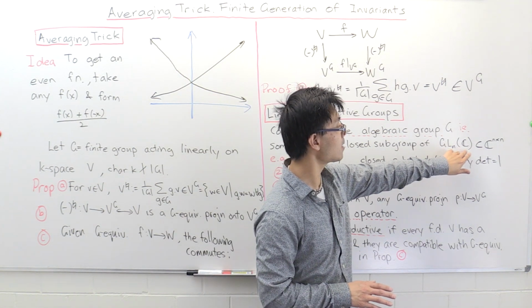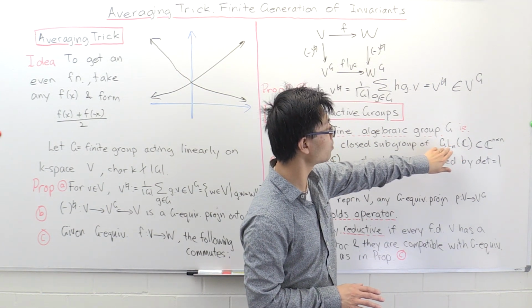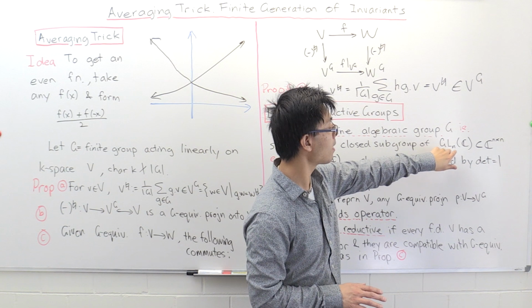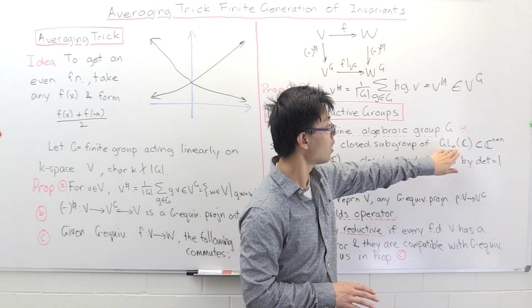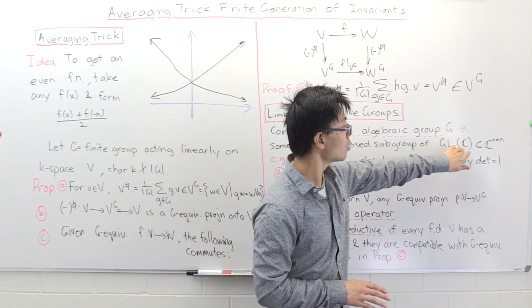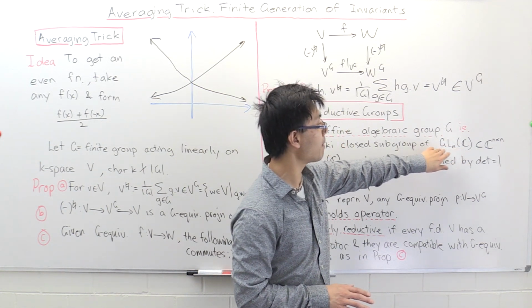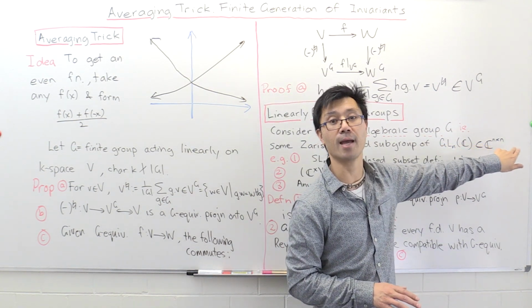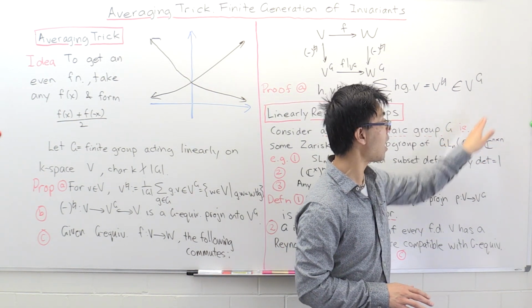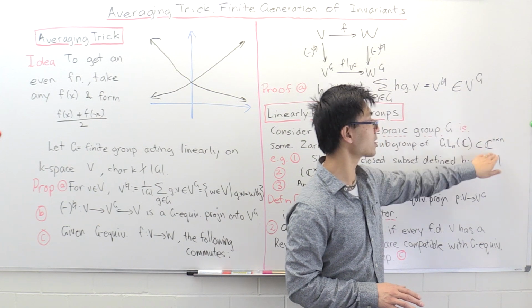So GLnC, that's the group of invertible n by n matrices with entries inside the complex numbers. Of course, this is given by some n by n matrix, so you can think of this as sitting inside C to the n by n. This is some affine space over the complex numbers.